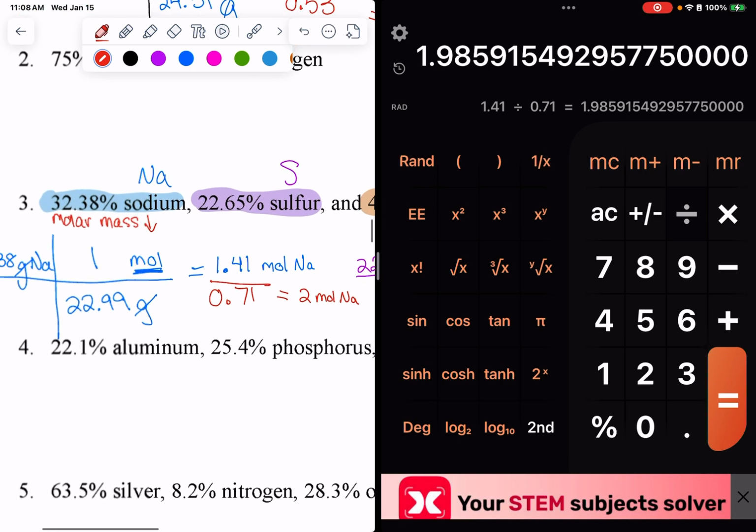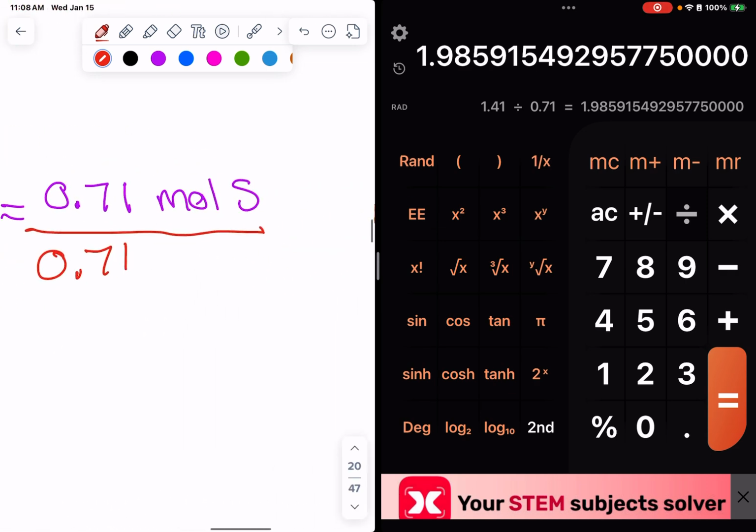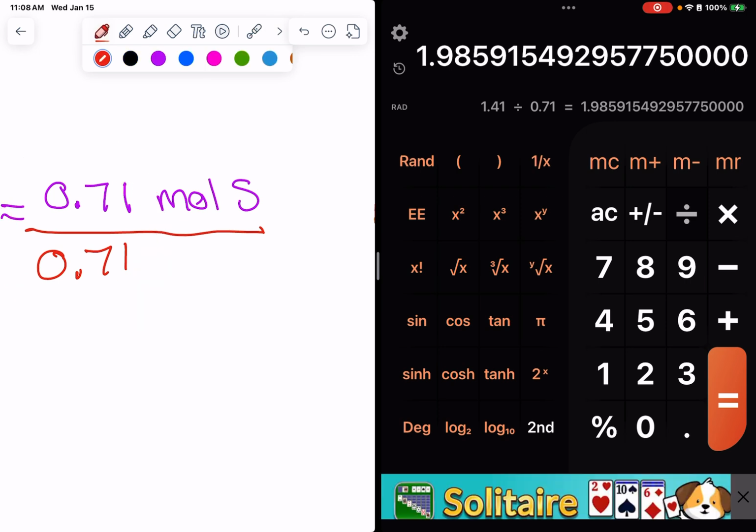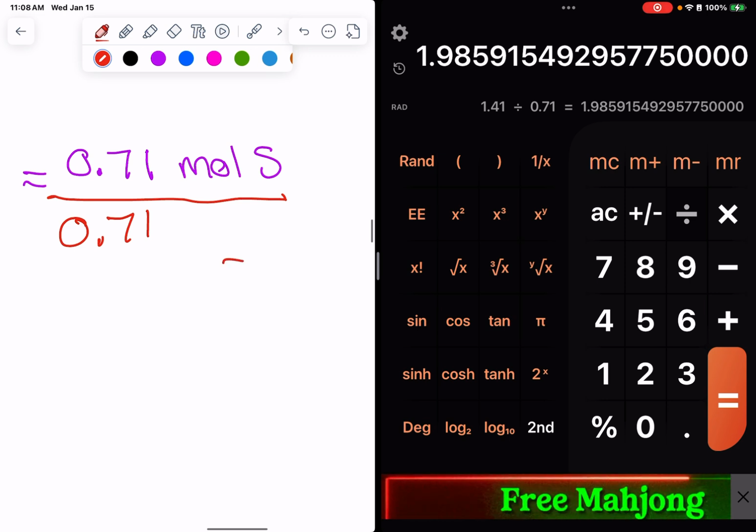Okay, so that's for our first table. Our second table, 0.71 divided by 0.71. It's the same number on top and bottom. So that's going to be 1 mole of sulfur. Let me write this towards the bottom. This is going to give us 1 mole of sulfur.